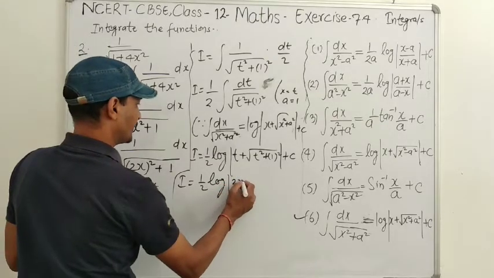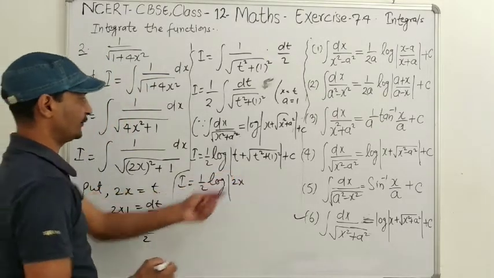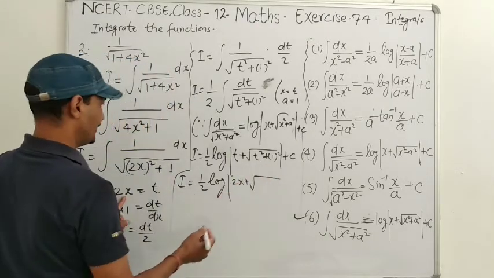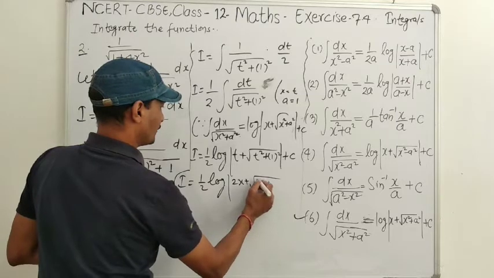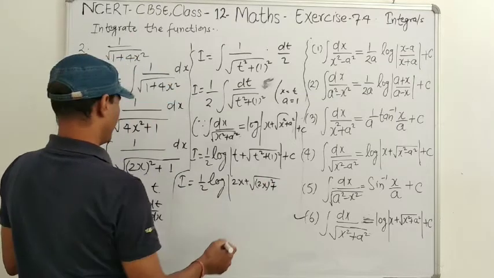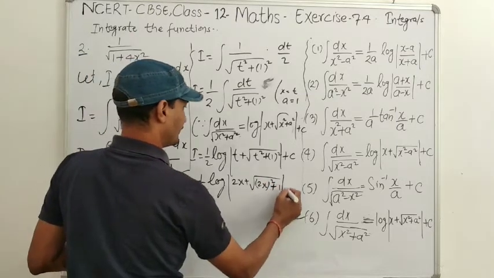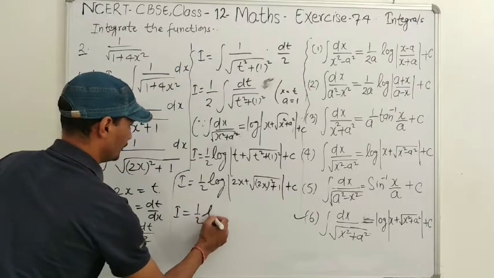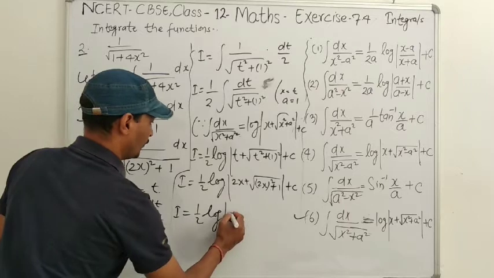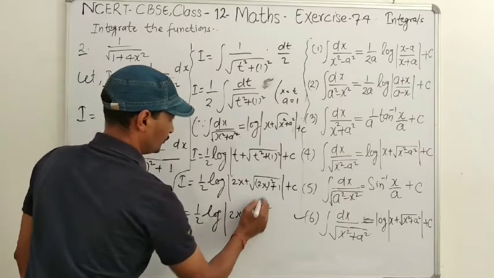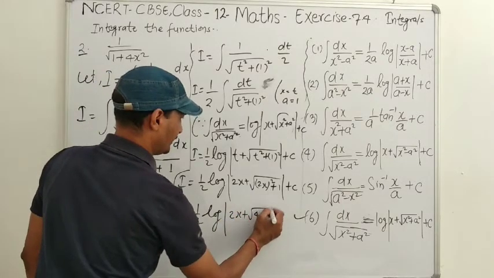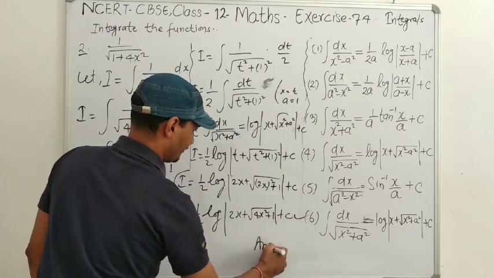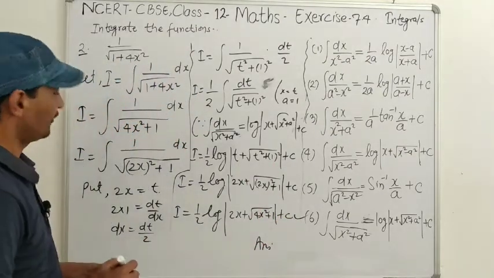So 2x plus root over t square, 2x square, plus 1 square, plus c. Then our integral is 1 by 2 log of mod of 2x plus root over 4x square plus 1, plus c. So it is the required solution of question number 2.